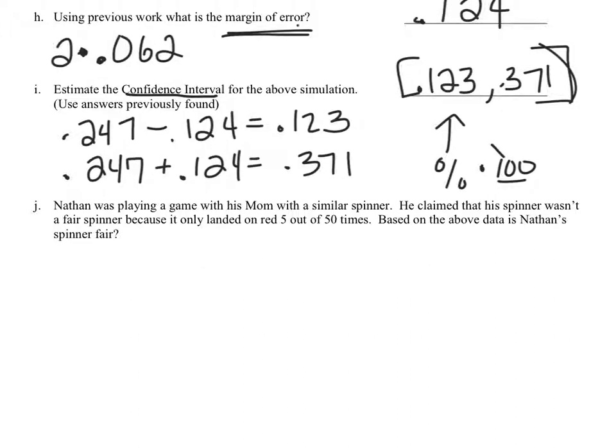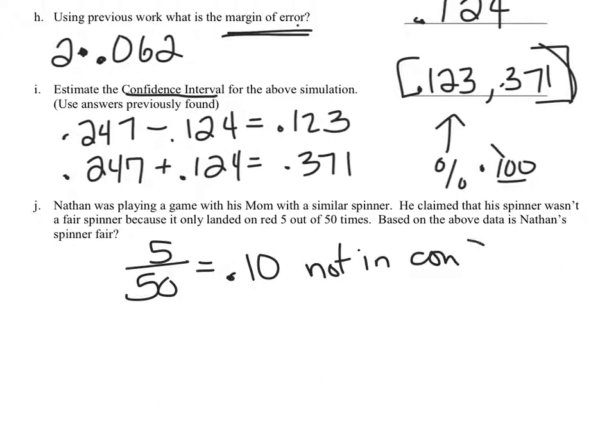So what we can do is exactly what we did yesterday. One way is to take 5 divided by 50 and see that 0.10 is not in the confidence interval. So it happens so rarely that the spinner is probably not fair.